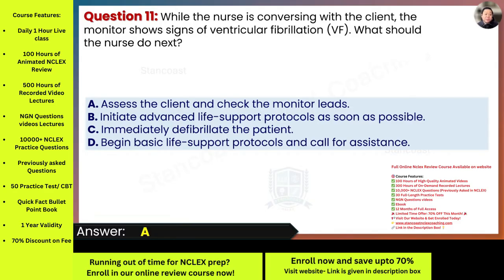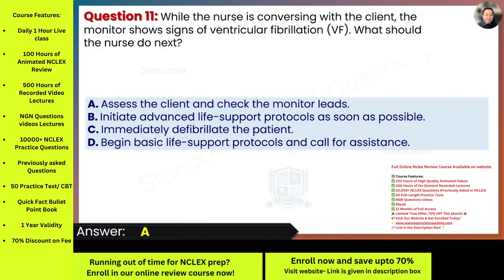When you defibrillate the client without confirming the rhythm, this could lead to harmful effects to your client. So the first action should always be to assess the patient and check for any issues with the leads, not defibrillate right away. So pay attention to the case scenario. It's stated the nurse is conversing with the client. All right, so the client is not out, not unconscious, not pulseless.